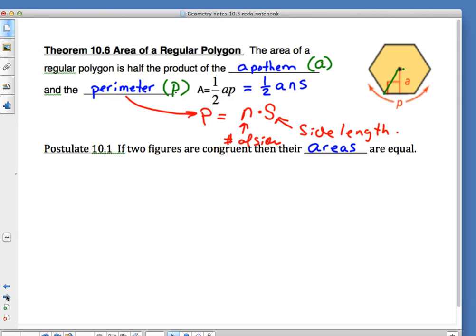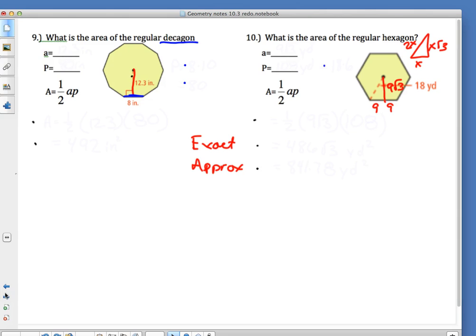Now, let's talk about what we just did and review it, because it'll be fun. I know in this one, 12.3 is the apothem. I know in this one, it's a 10-sided figure because it's a decagon. And I know in this one that S is 8 inches.